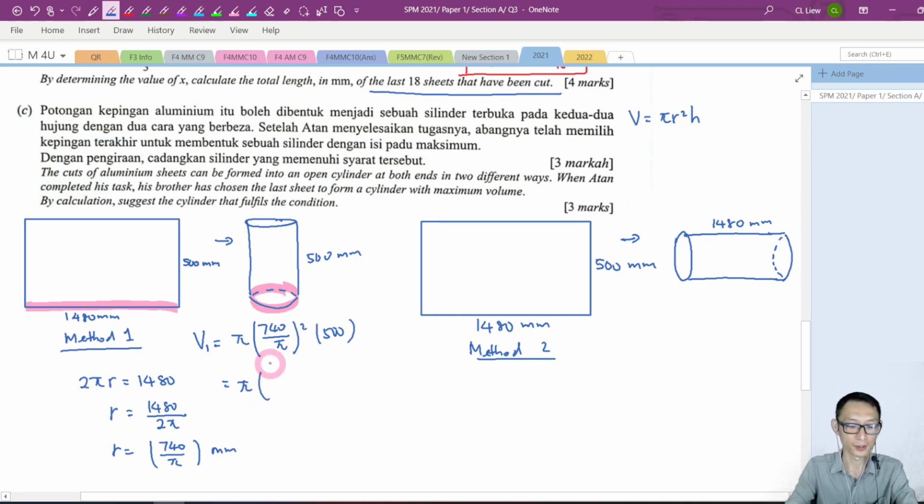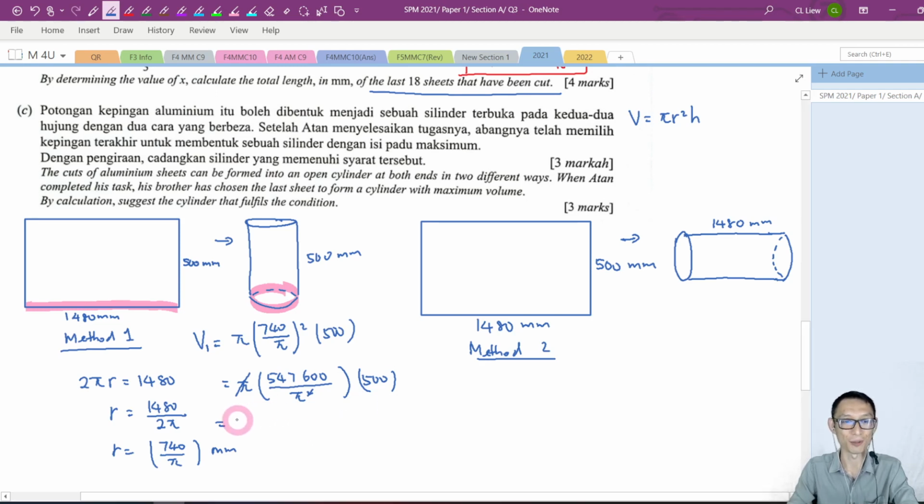Okay, 740 square should be very big number. So 547600. So this is pi square. This is 500. Okay, then you just simplify, divided by pi, divided by pi. So here we have pi power 1. Okay, 547600 times 500.